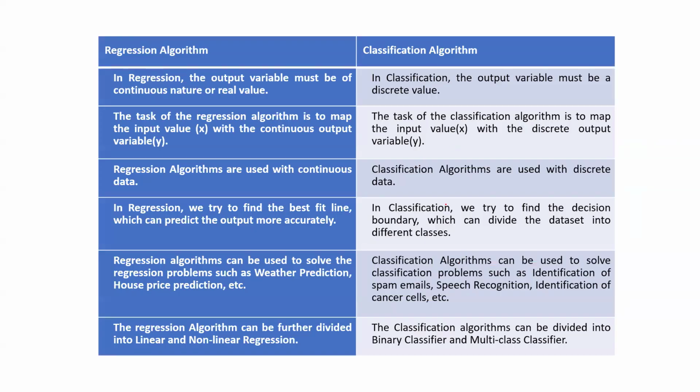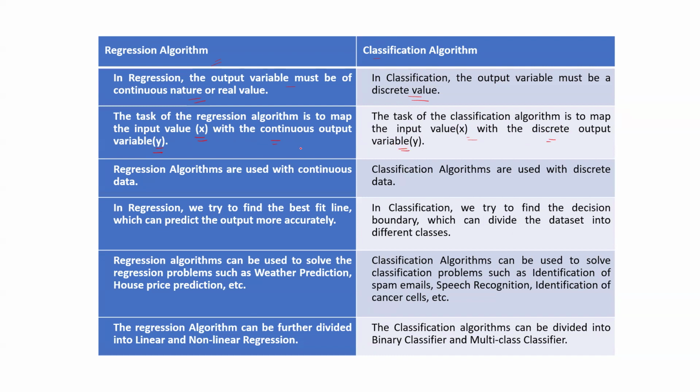The same thing I have represented in a table format. Once you read this, it will be clear what the regression algorithm and the classification algorithm are. In regression, the output variable must be of continuous nature, whereas here it is discrete. The task of the regression algorithm is to map the input value to a continuous output variable. But the task of the classification algorithm is to map the input value to a discrete output variable.